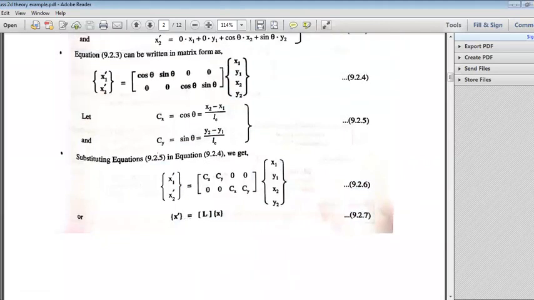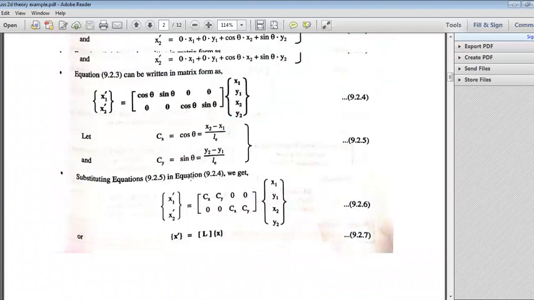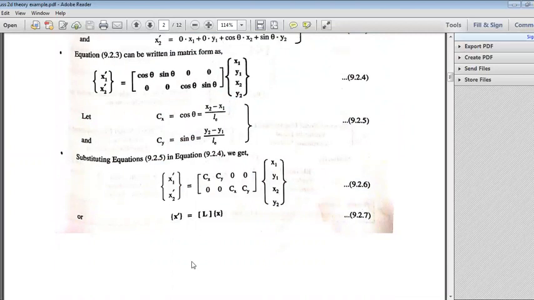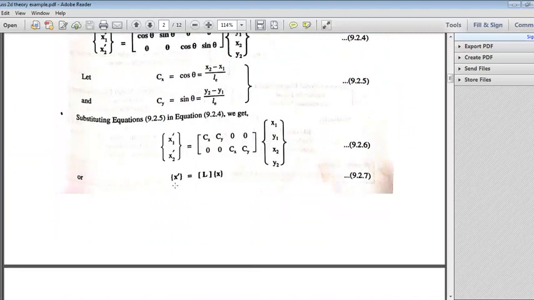By putting these values, replacing cos theta with Cx and sin theta with Cy, you get the new equation, and after simplification x dash equals L in matrix format into x, right?